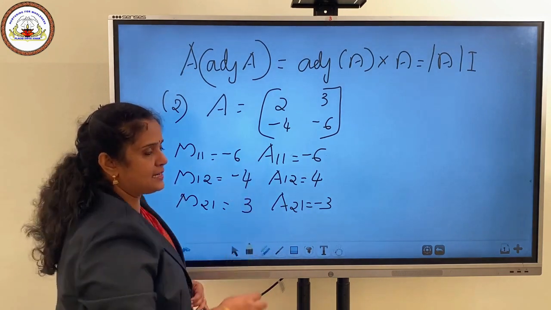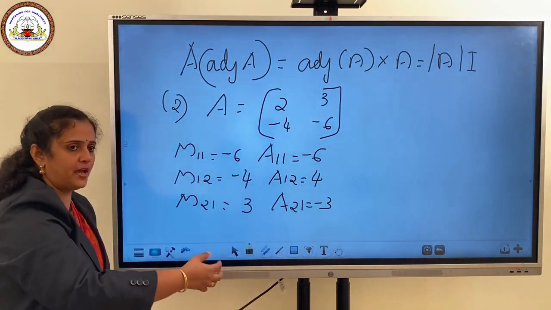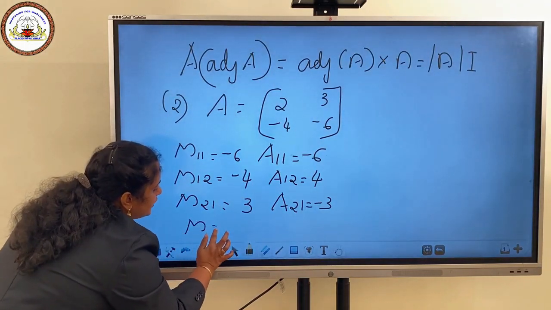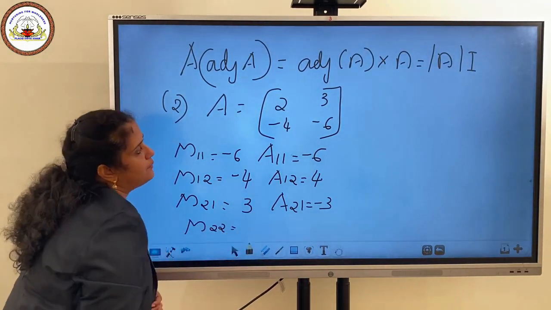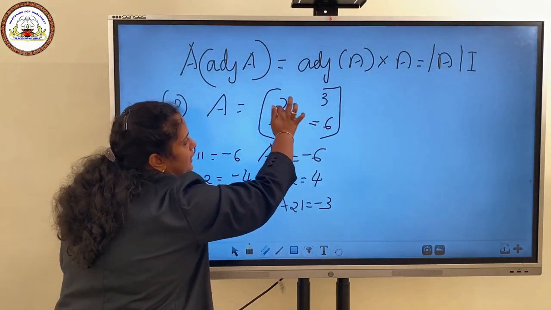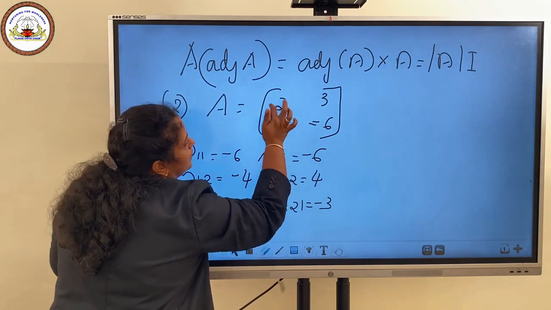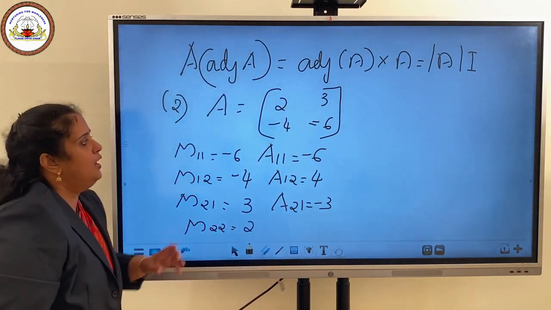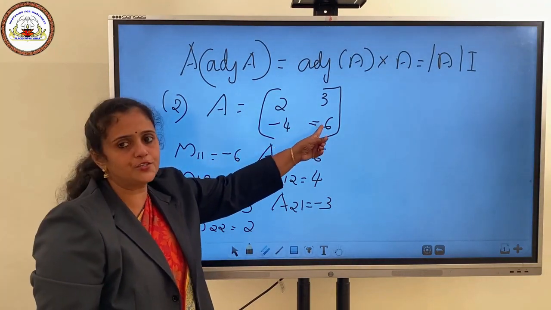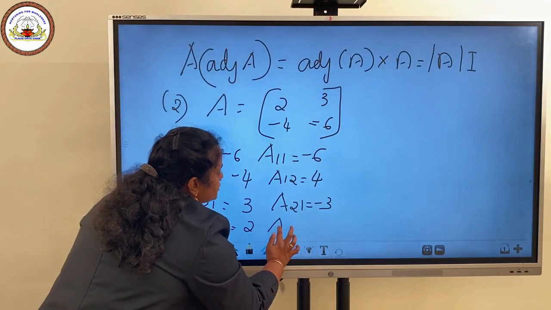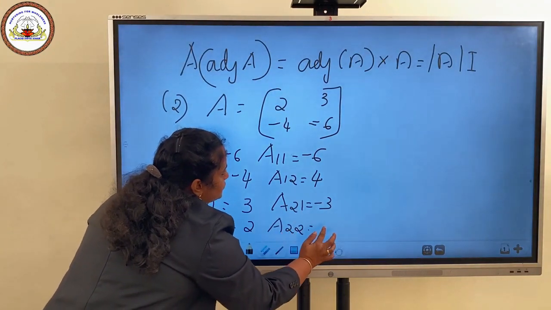Then the minor of the second row, second element, M22: the remaining element is 2. The second row, second element is positive, therefore A22 is equal to 2.